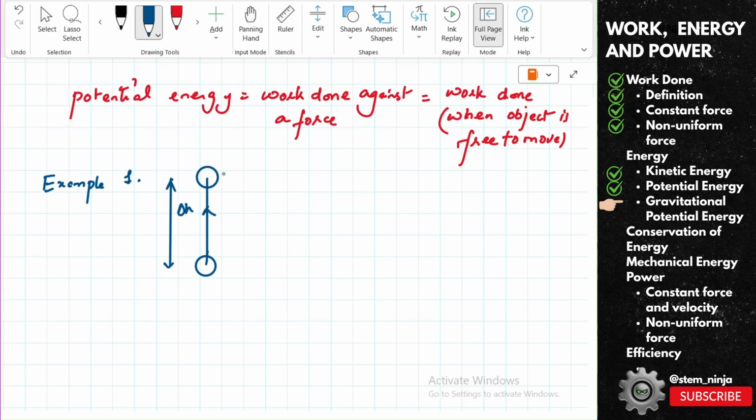Then you hold it over there. Okay, so the gain in EP, gravitational potential energy, would be equal to the work done against force, work done against gravity or weight.